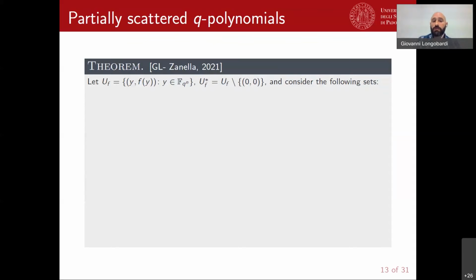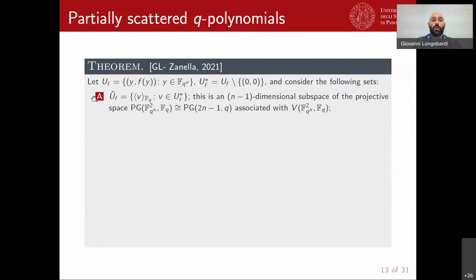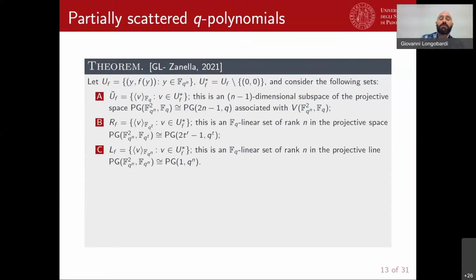So the first result: we have a subspace of dimension n. And so, of course, we have these three sets. The first one, U tilde, is an (n-1)-dimensional subspace of this projective space.